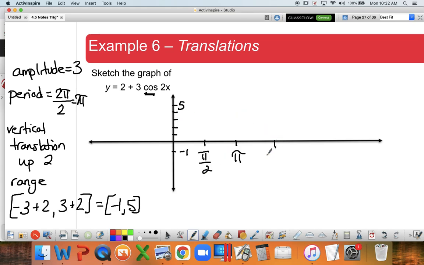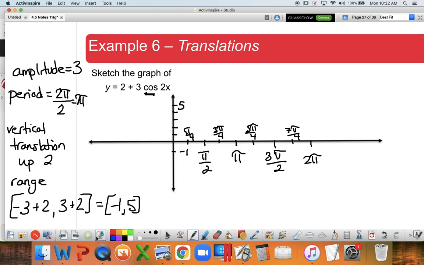Then I'm going to have 3 pi over 2 and 2 pi. Right? And if I want to break this down into fourths, here I have pi over 4, 2 pi over 4, 3 pi over 4, 4 pi over 4, 5 pi over 4, 6 pi over 4. That's just kind of to remind us that we've got to break those down enough.